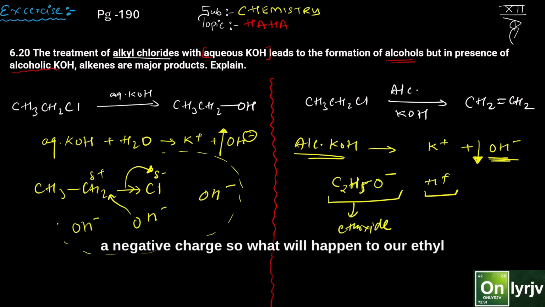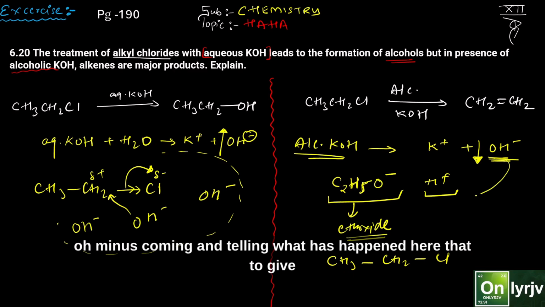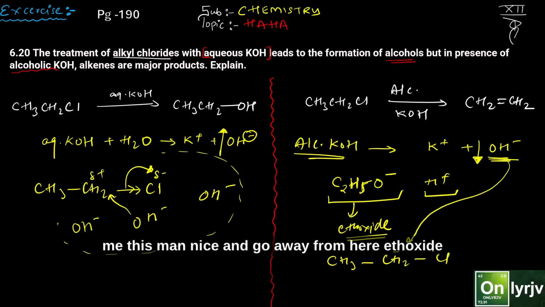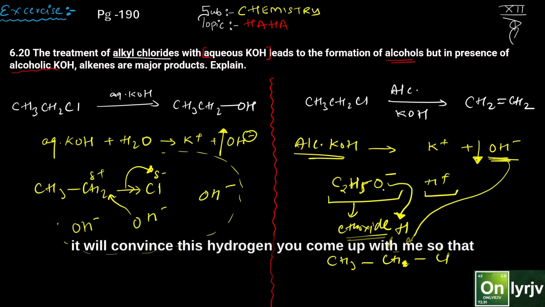So what will happen to our ethyl chloride? This ethoxide ion, apart from OH- coming and telling the Cl to go away from here, what it will do is this: the hydrogen present here, there are two hydrogens, right? So I will just write one hydrogen here. This ethoxide ion will ask this hydrogen to come up with it, and it will convince this hydrogen.